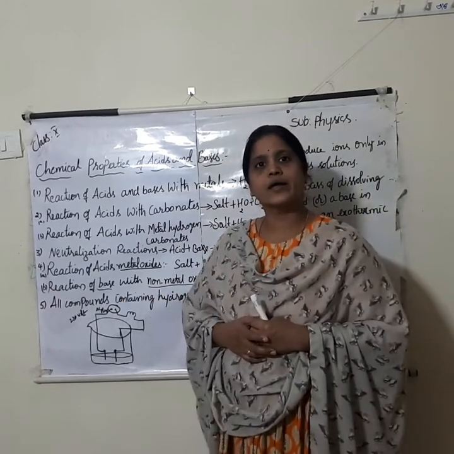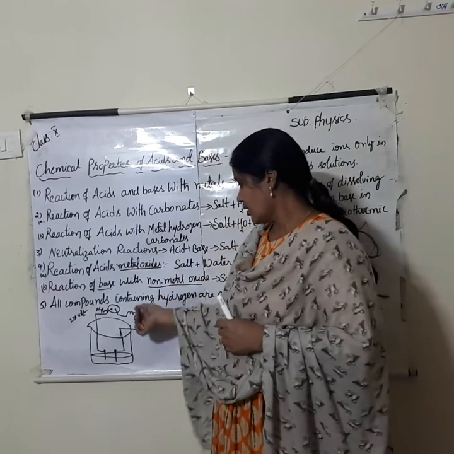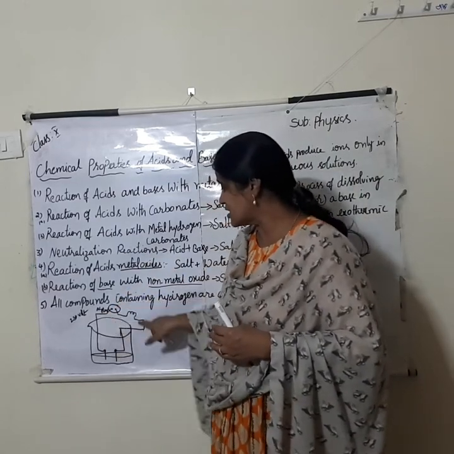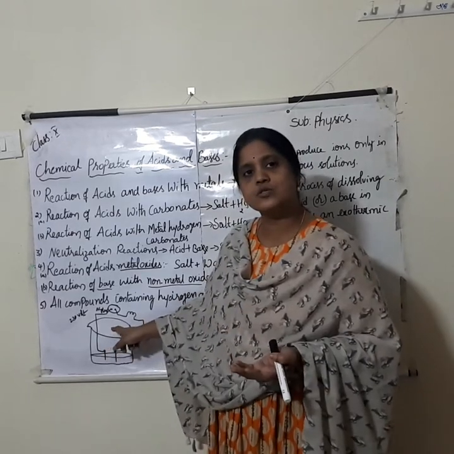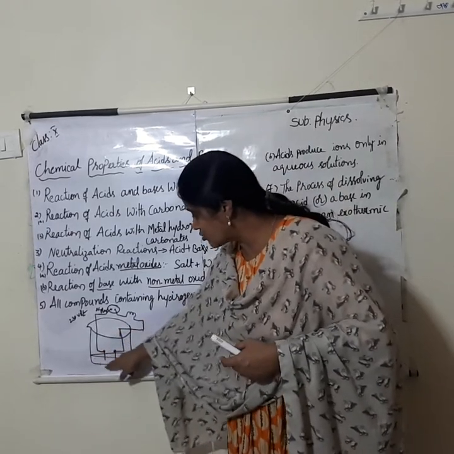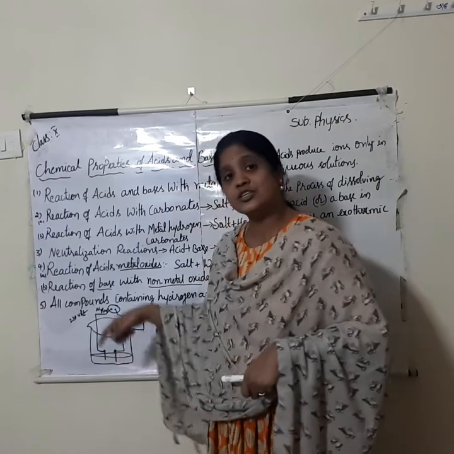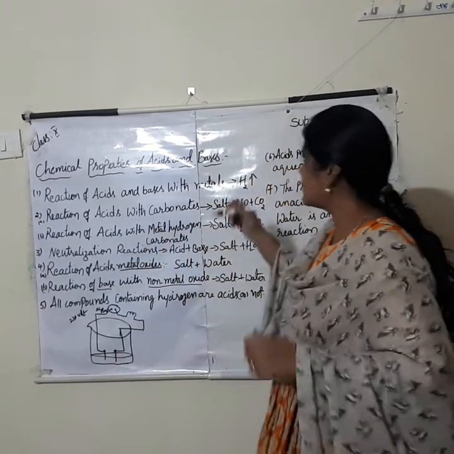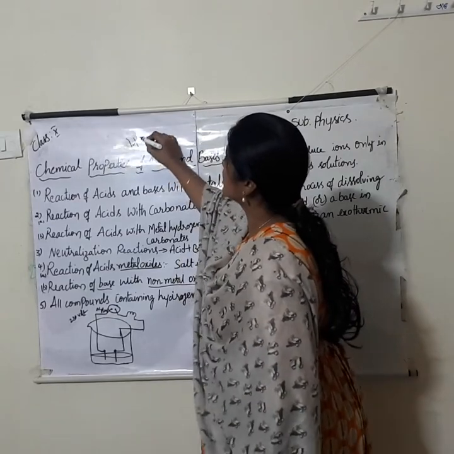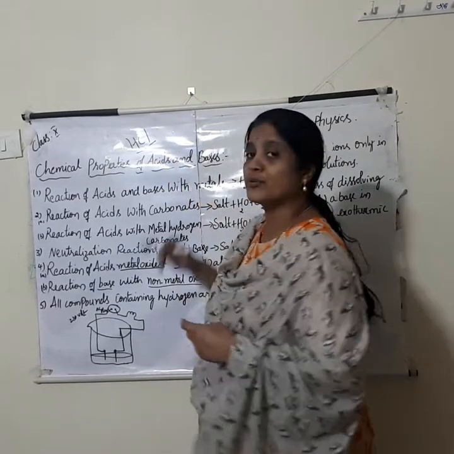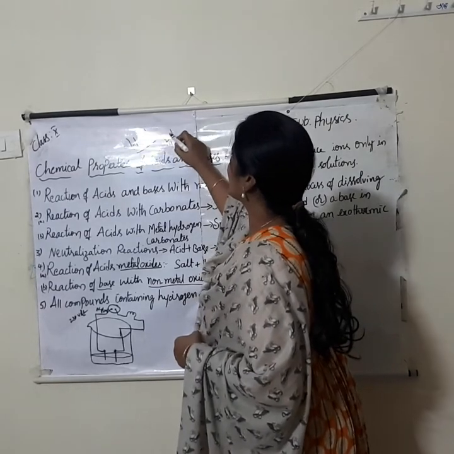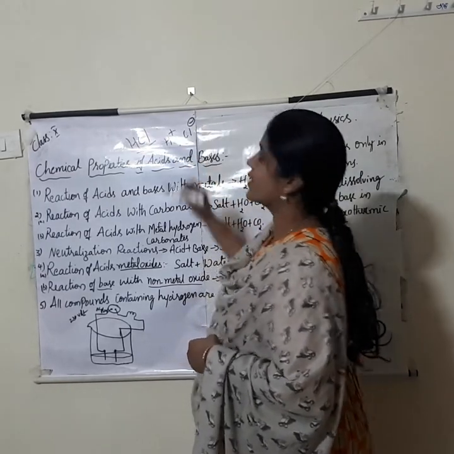Why? Because the bulb glows when current is passing in this circuit, and current flows because whatever solution we have taken, it should dissociate. Dissociates means, for example, if you take HCl, it dissociates into ions, H plus and Cl minus.